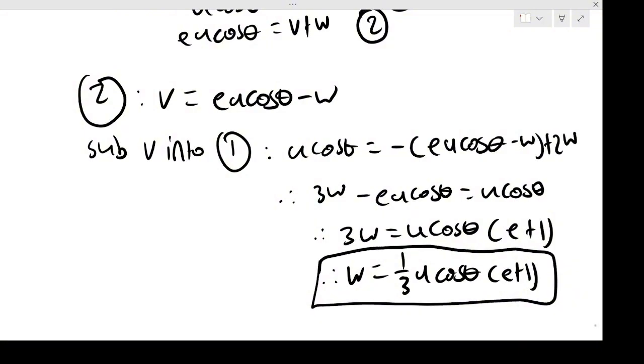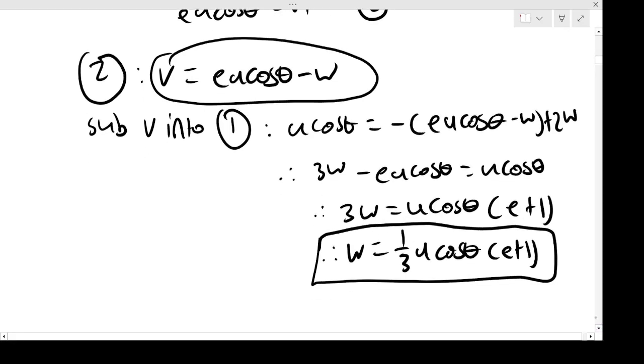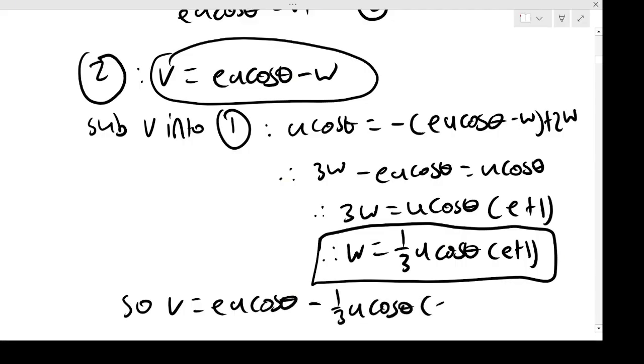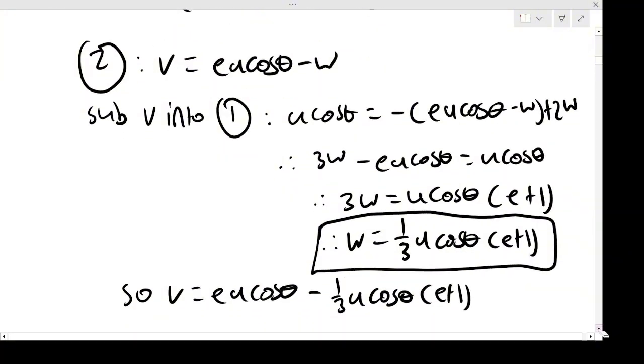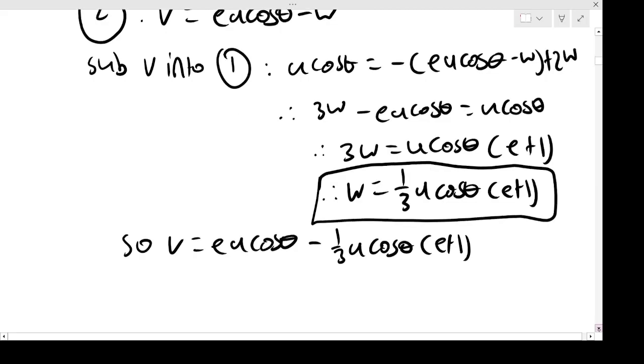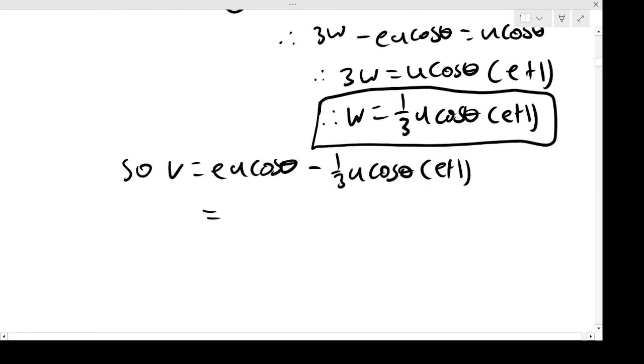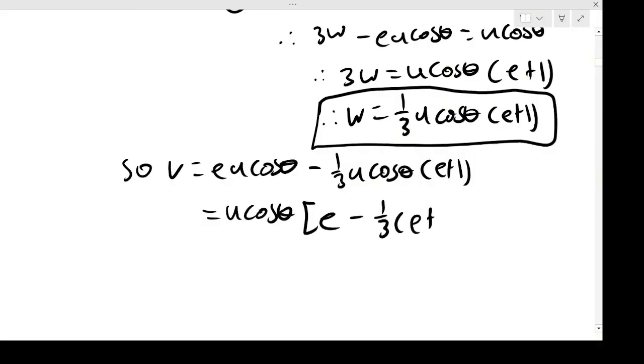Then I can find v by using this here. So v is eu cos theta minus w, so minus a third u cos theta of e plus 1. I can factor u cos theta out of both terms, so I get e minus a third of e plus 1. Hopefully happy with that factorization.